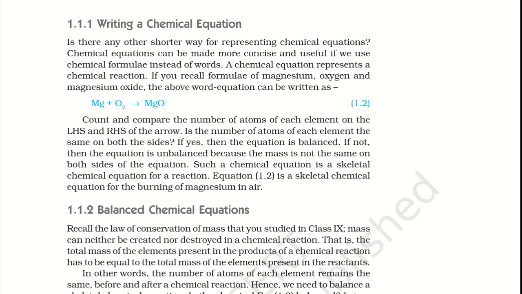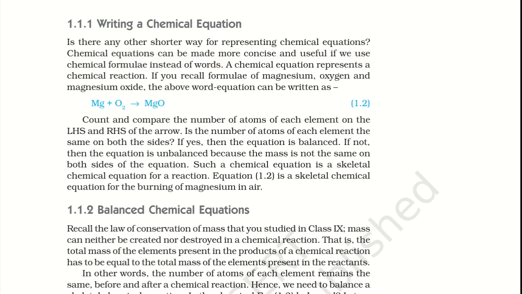Now let's go through the process of how a chemical equation can be written in a proper manner. The chemical equation can be made more concise and useful if we use chemical formulas instead of words. So instead of writing the whole word magnesium, we can simply write its chemical formula.